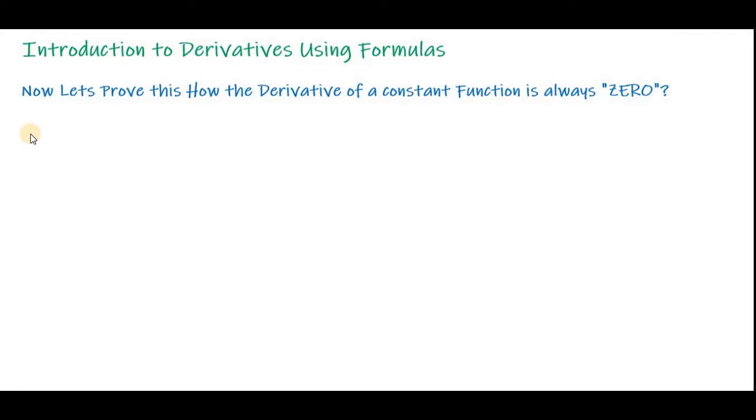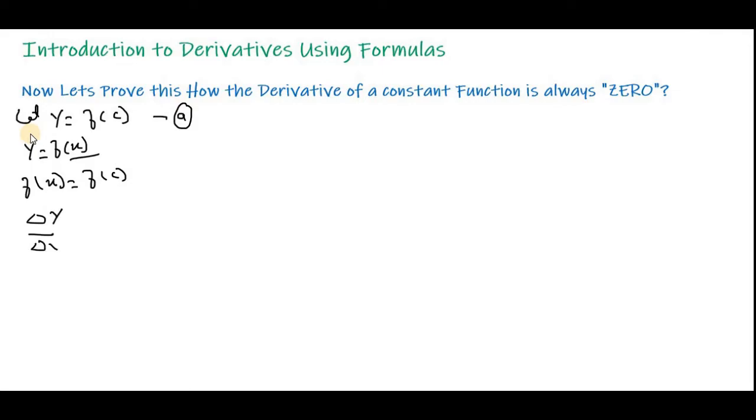Now let's prove how the derivative of a constant function is always 0. Here we suppose y is equal to f of c, which is a constant function, and by the definition of the function y is equal to f of x, we can replace y of equation A by f of x. So f of x is equal to f of c.